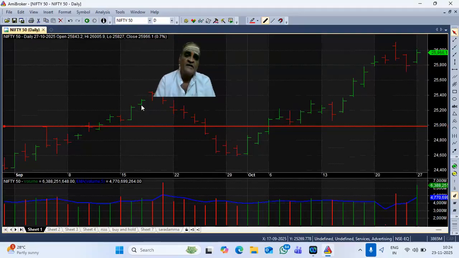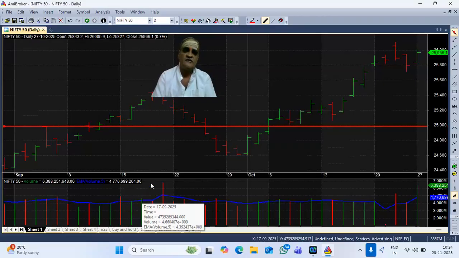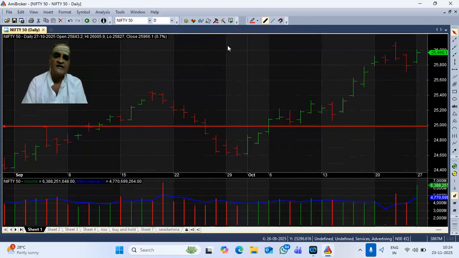It is very important. Technically, open is at low, close is at high. It means it should be a bullish bar. But when you compare the length of the bar with the previous bar, it is a shorter one, and the volume also increased. So it rang a bell of caution yesterday.